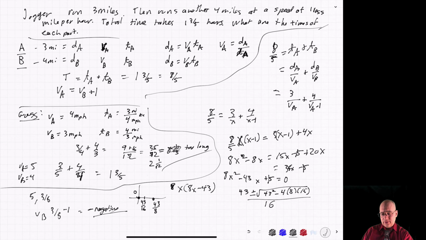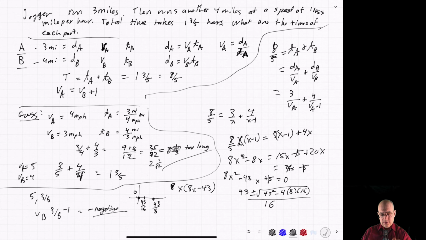But I know that at 2 miles per hour, the B part would be 1 mile per hour, and going 4 miles is 4 hours, which is not what the time was. So I know I'm getting larger. It's already built in to the problem. But the guess and check method is your understanding.